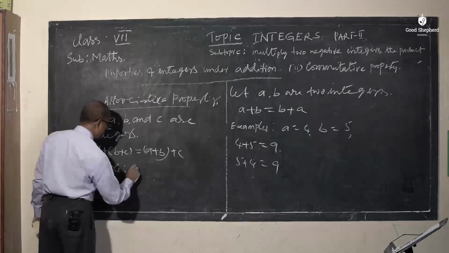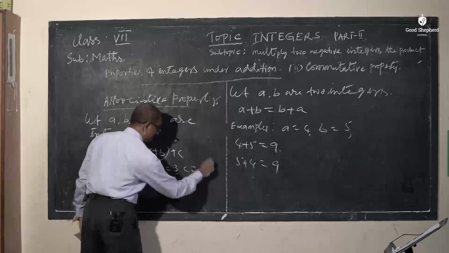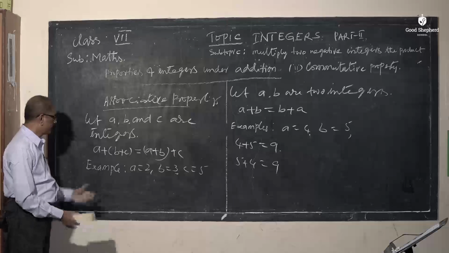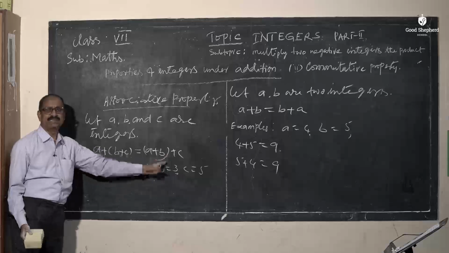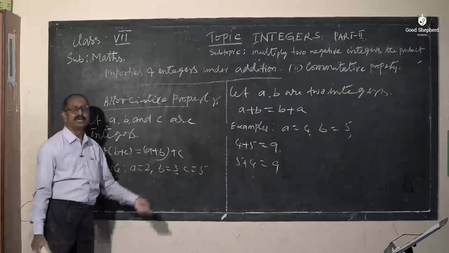Here, a is 2 and b is 3, and c, as you like, I can give as 5. Now, substitute: the LHS must be equal to the RHS, the sum of these three and the sum of these three must be equal.